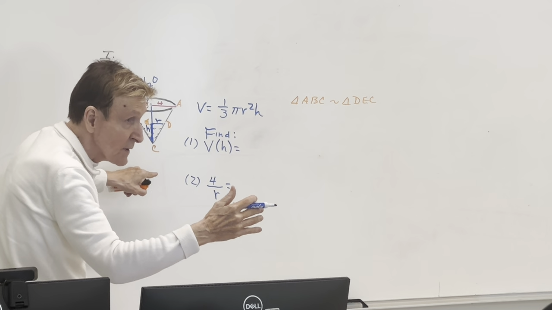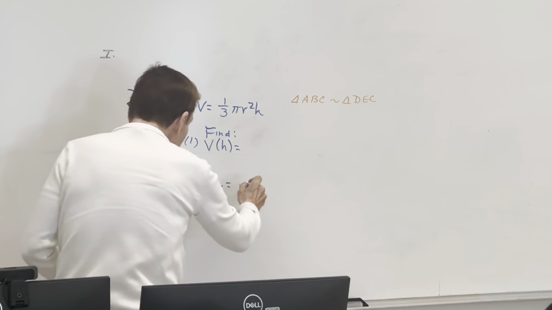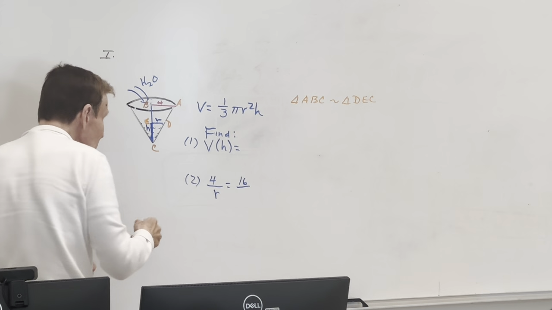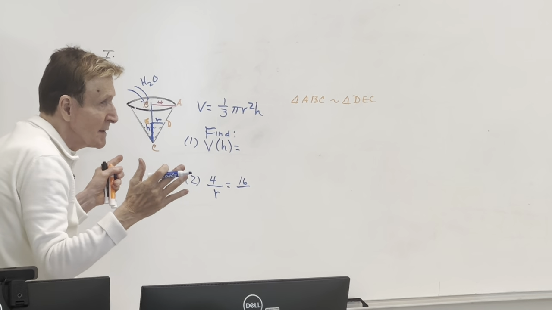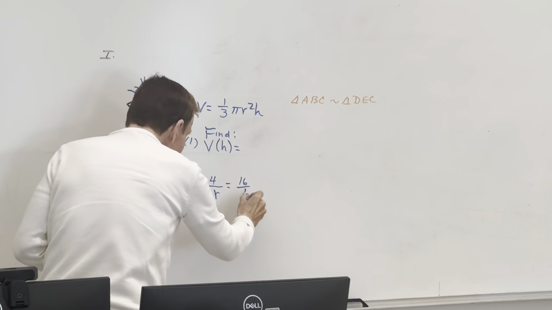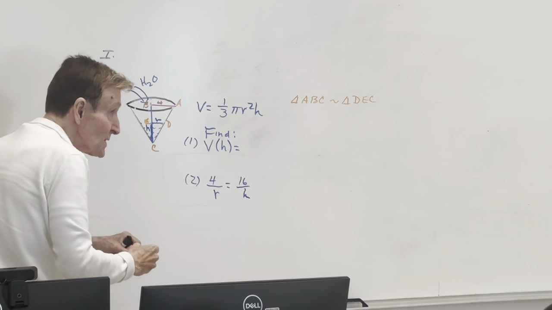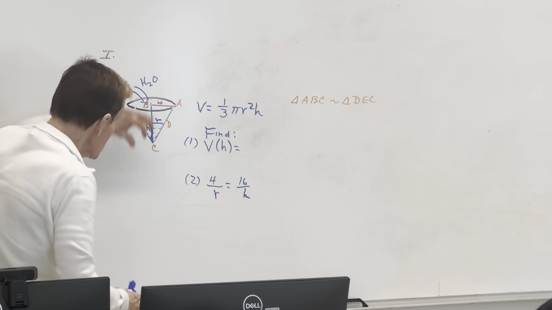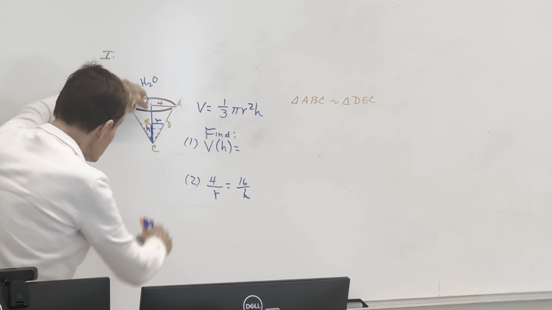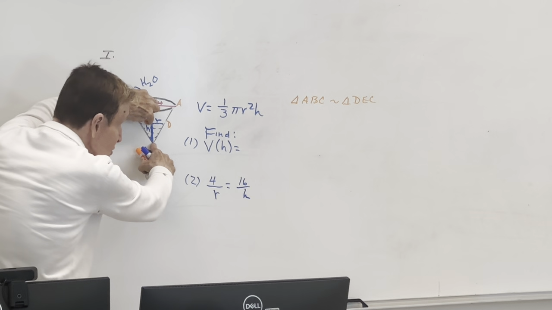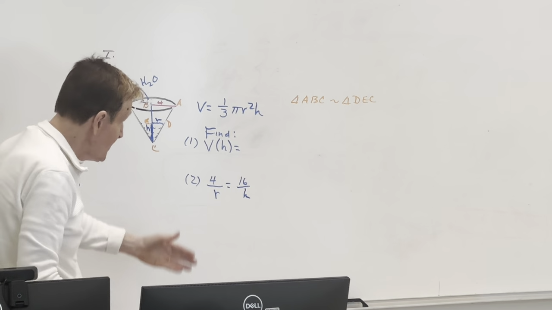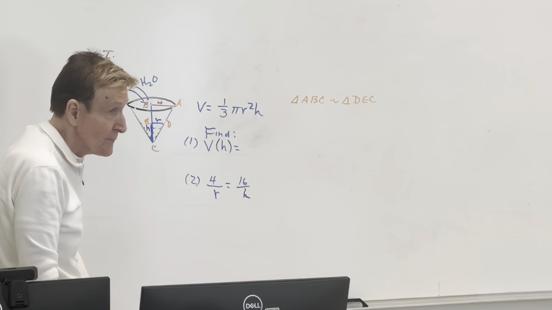What is the height of the larger triangle? 16, yes. And that is compared to what's acting as the height of the smaller triangle, the H that I have. So all I'm doing is matching up sides in a ratio, a proportion. 4 is to R as 16 is to H. Just match up the radius of each one and the height of each one, and now I have a proportion to work with.